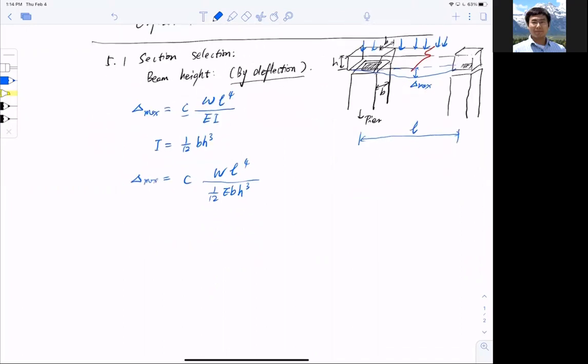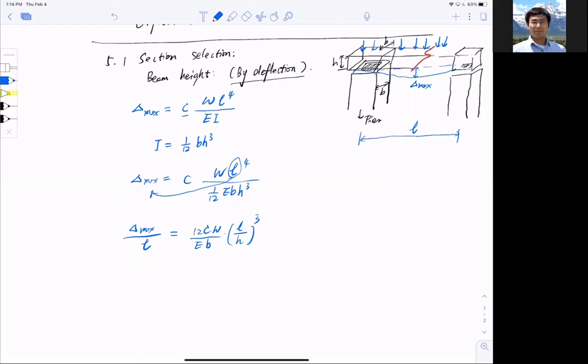I'm going to move one L to the left hand side, and the right hand side becomes C multiplied by 12 divided by EB, and there's an omega here, and now I have L over H to the cube.